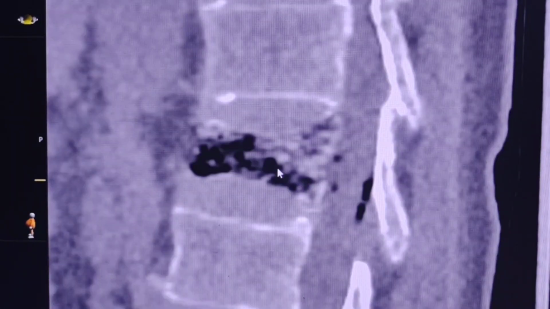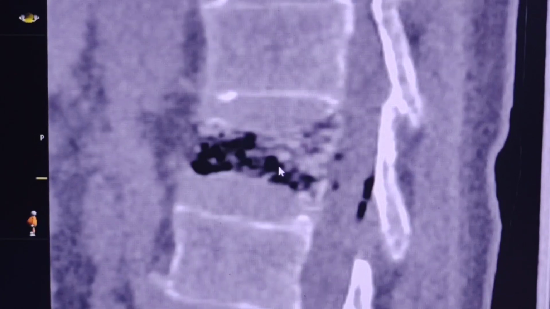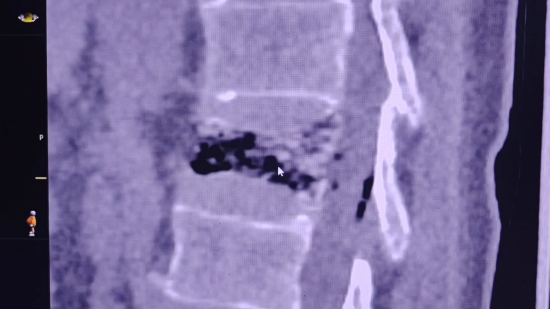The possible causative organism usually belongs to the bacterial families of enterobacteria or anaerobes, but Klebsiella pneumoniae or Fusobacterium necrophorum have also been described in the literature.